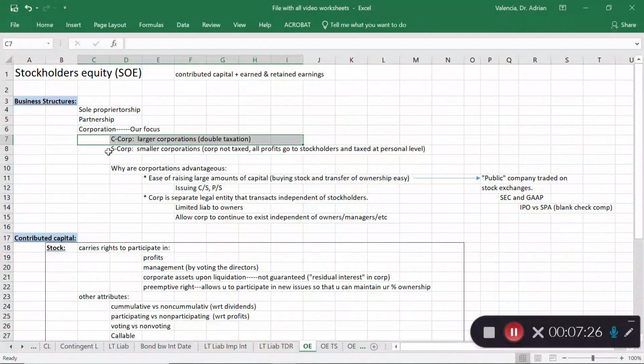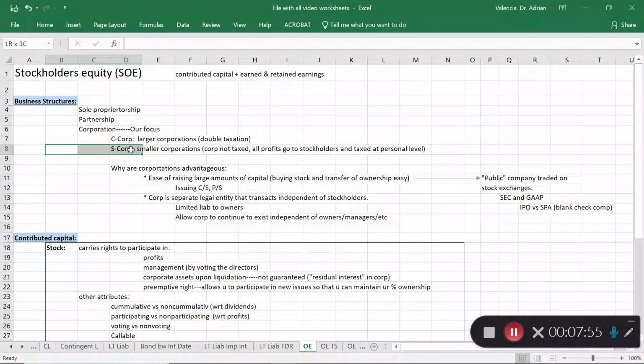Later on, for smaller type corporations, the S corp was developed, and this is mainly for smaller corporations, but there are still some large ones out there. Basically, unlike the C corp, where the corporation pays taxes on the profits, the S corp itself is not taxed, but all the profits go to the stockholders and then are taxed at the personal level.